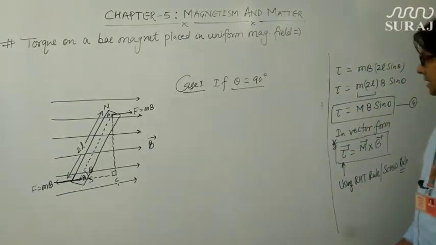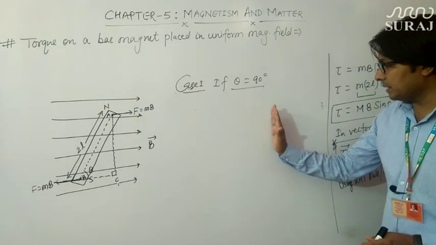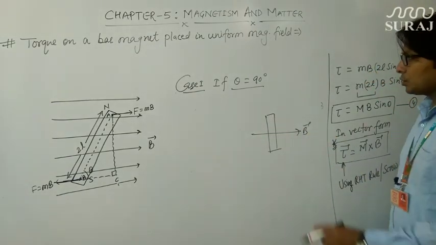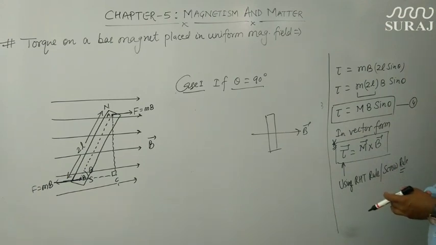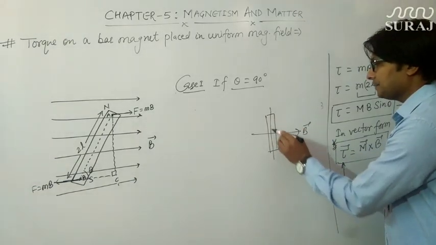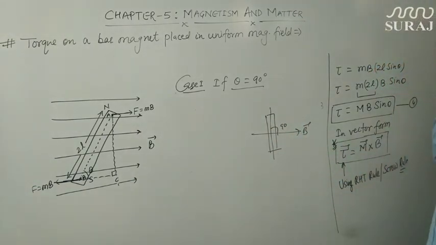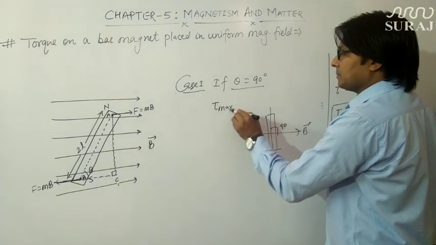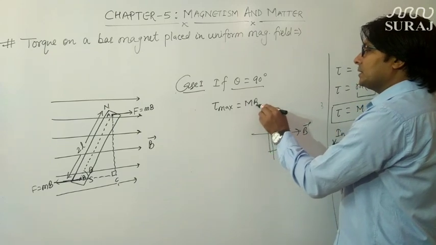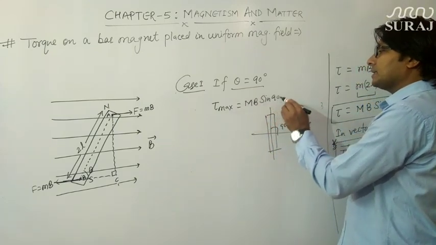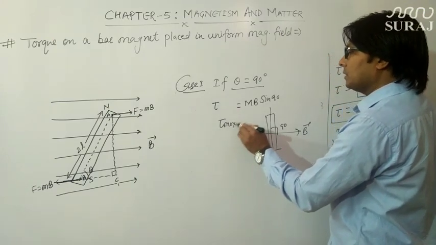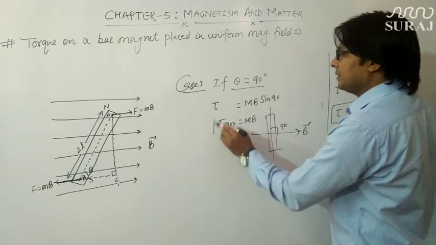Theta 90 degrees means the bar magnet is put in this direction and the magnetic field is in this direction, so the angle between the magnetic dipole moment and the magnetic field vector is 90 degrees. Then sine 90 is maximum and this torque will also be maximum. So torque will be MB sine 90, and this is the maximum value of torque, which is M into B.